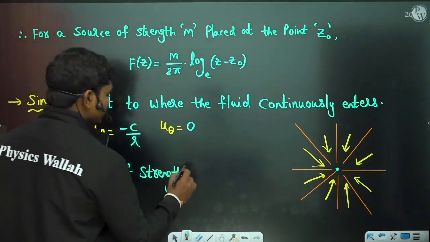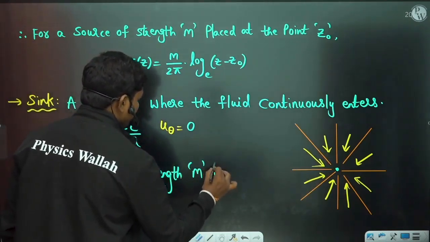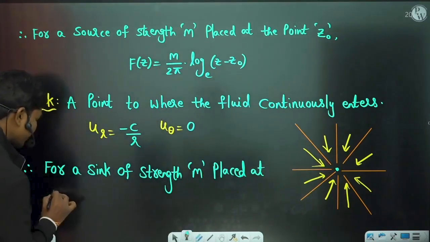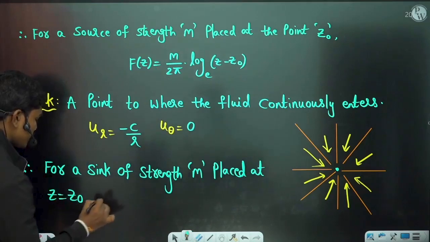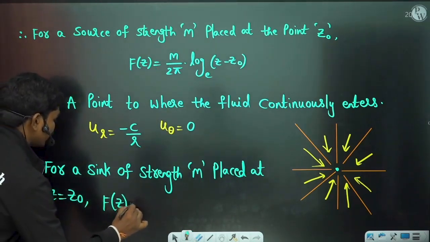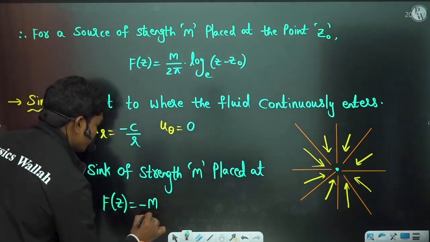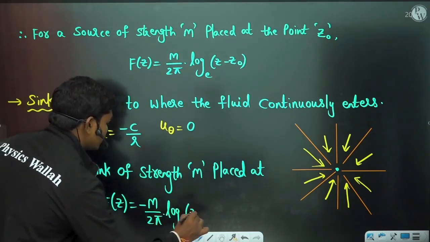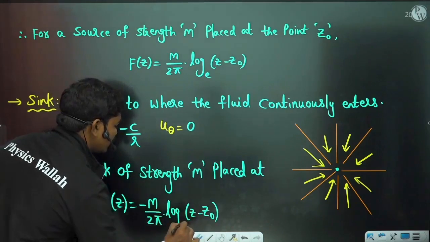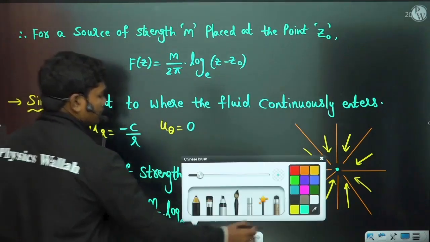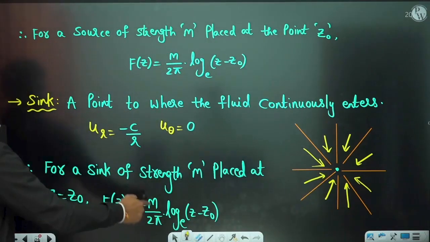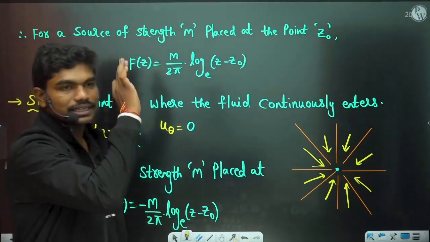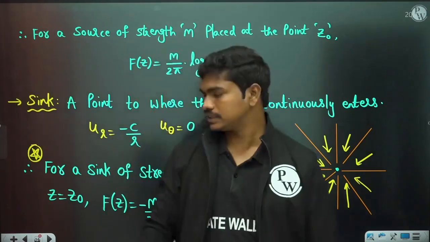So for a sink of strength m placed at z is equal to z0, the complex potential function is minus m by 2 pi times log z minus z0 to the base e. The only thing that changes is this minus sign, because you can easily understand from this analysis that the only thing that changes in the analysis between source and sink is this minus sign.